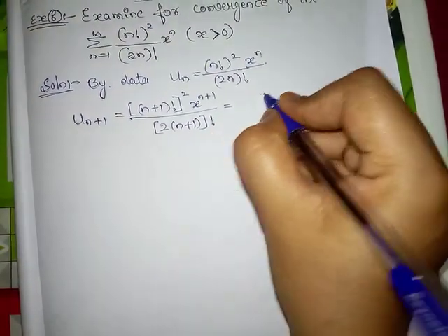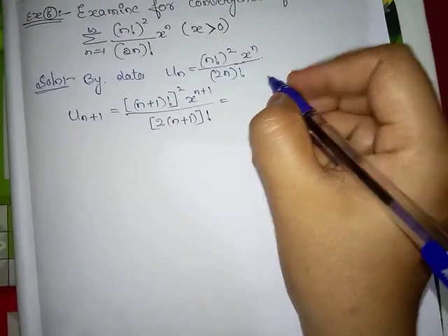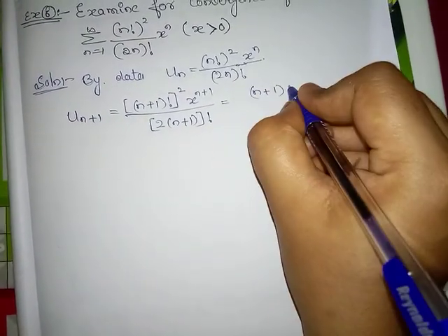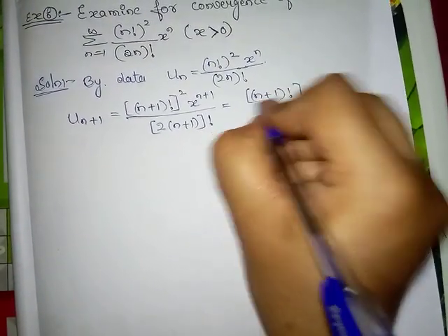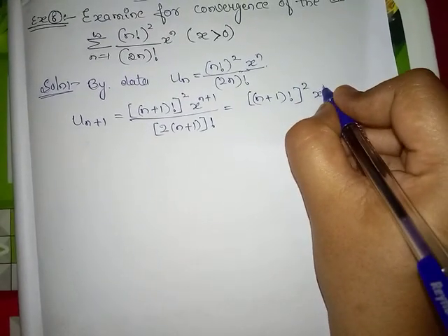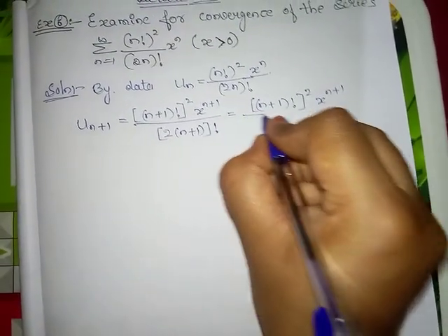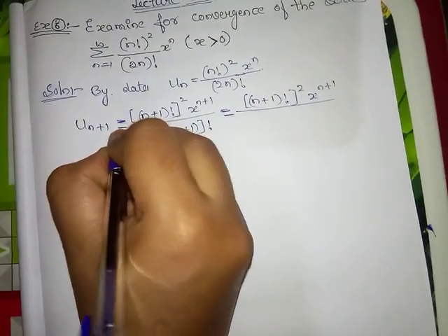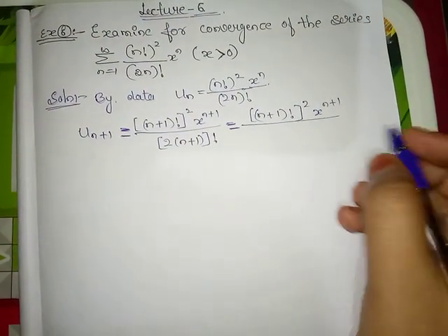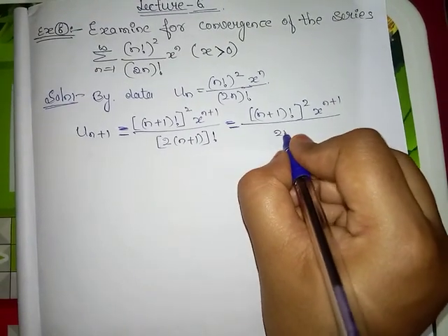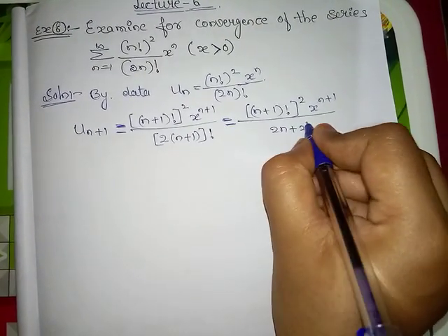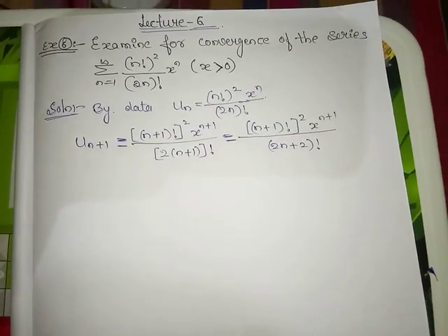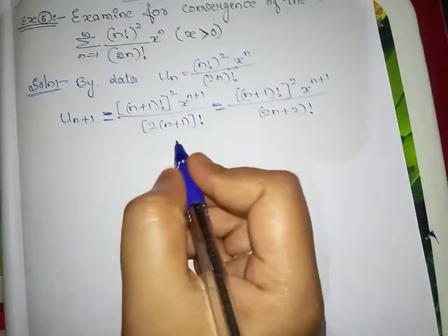It will be n plus 1 factorial square into x raised to n plus 1, whole divided by 2n plus 2 factorial. So the denominator will be 2n plus 2 factorial.